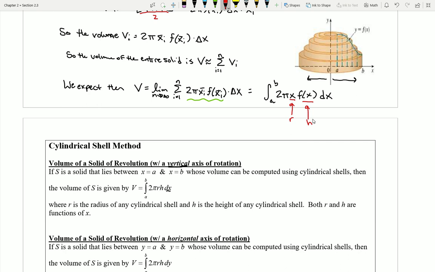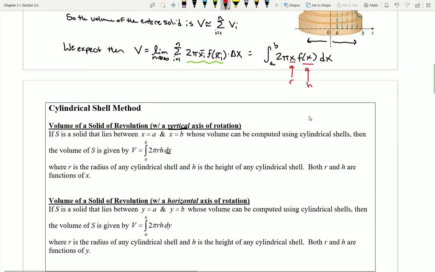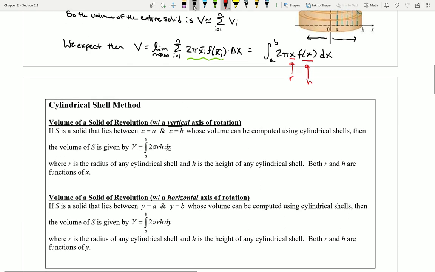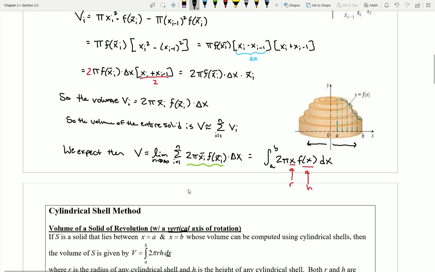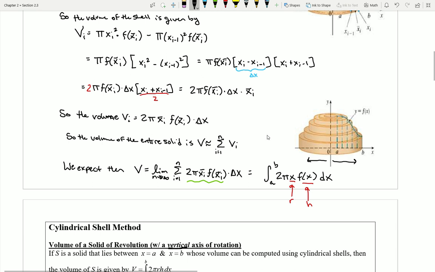Now I'm going to show you in just a moment how exactly I can understand these values in that way. But for the moment, let's quickly see how this would work if I had a horizontal axis of rotation. If I had a horizontal axis of rotation, that would be like just imagining taking this page and rotating it like 90 degrees. So maybe the y-axis pointed outward like this, and the x-axis you could imagine maybe pointing downward.